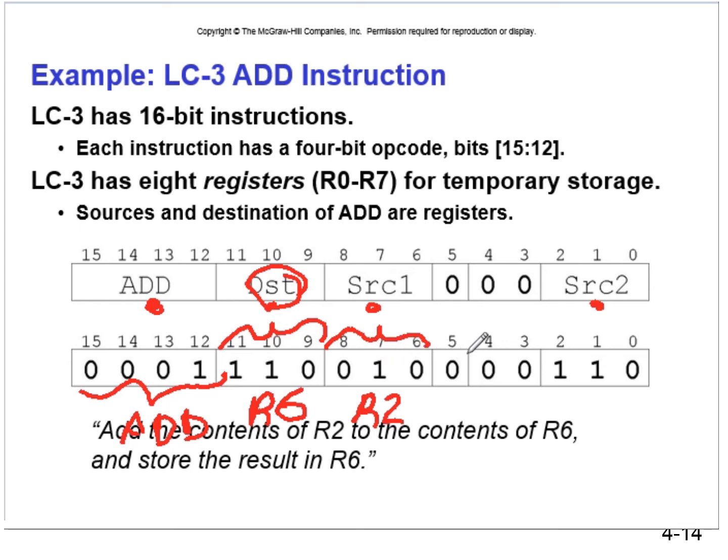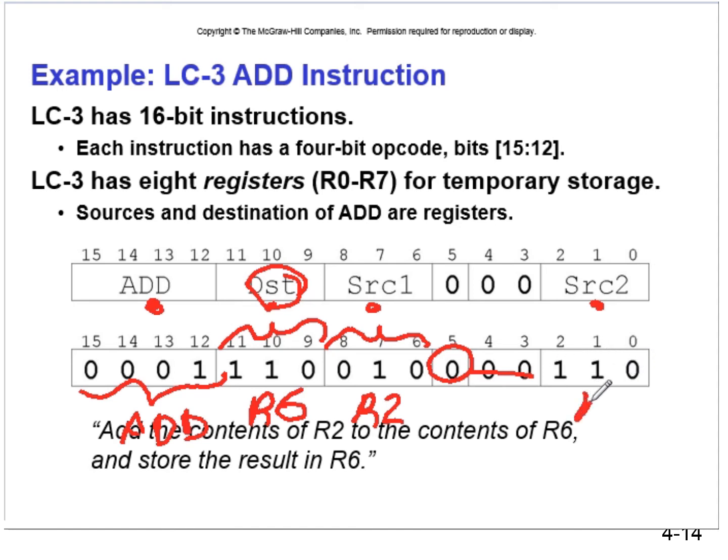Bit 5 is 0. That means we're in register mode. So bits 4 and 3 are irrelevant. They're kind of ignored, and they're always going to be 0, 0. So the second operand is going to be stored in where? Well, what's 110?